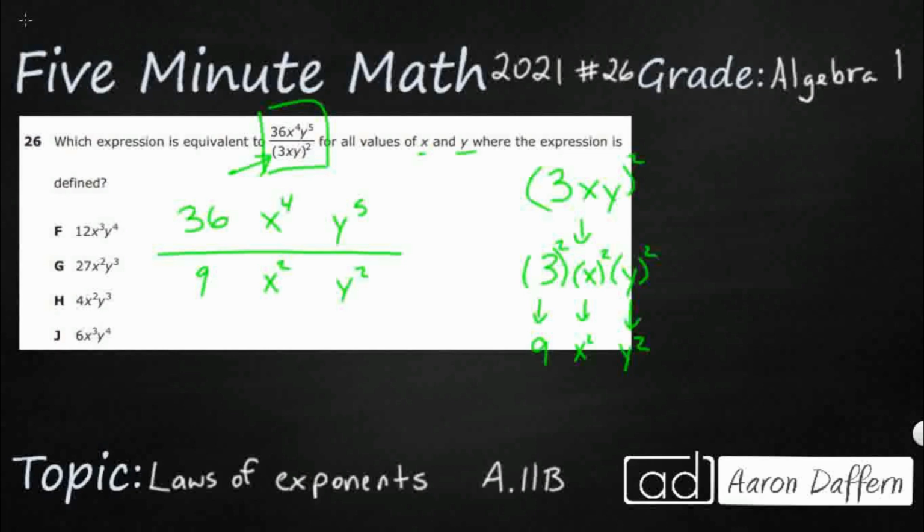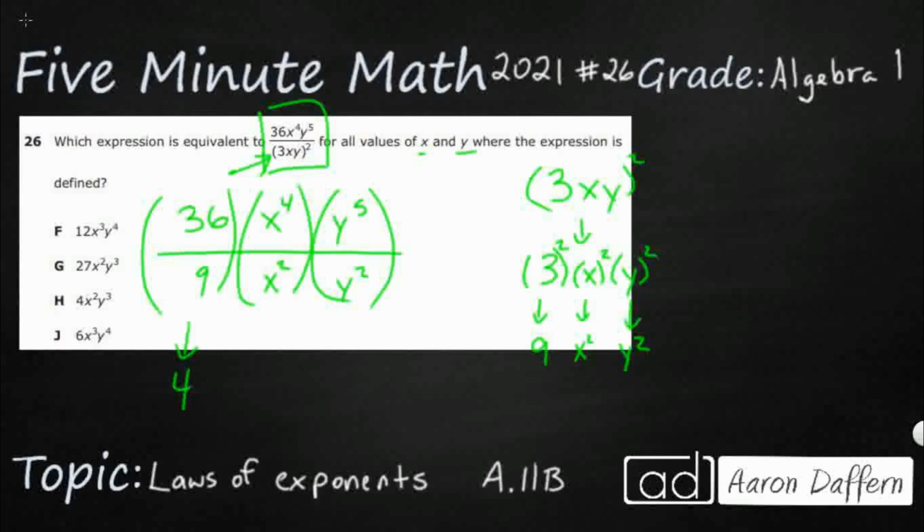The reason I want to do that is because I want to deal with each of these expressions individually, because they have the same base, or they're the same type. This 36 over 9, right, that's just two coefficients. So 36 divided by 9 is, boom, 4.